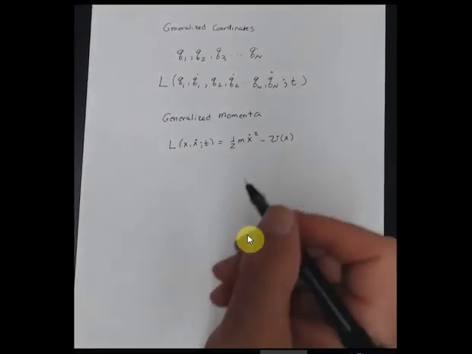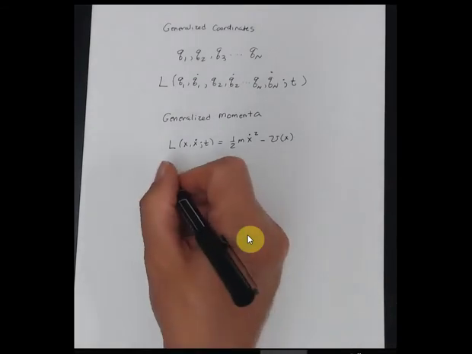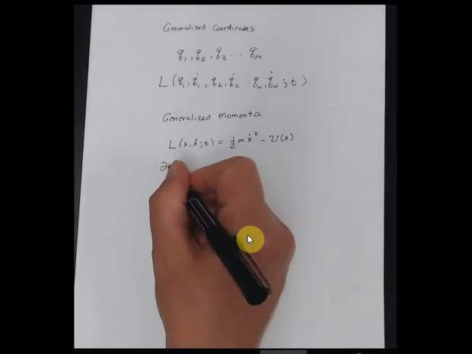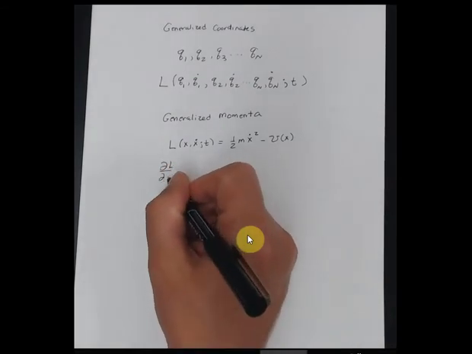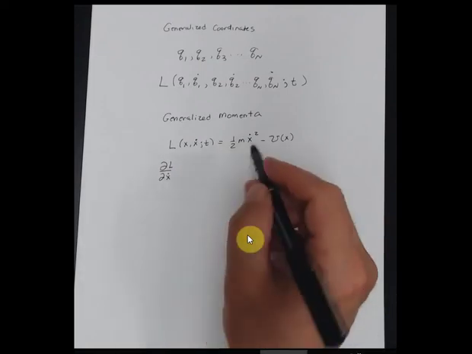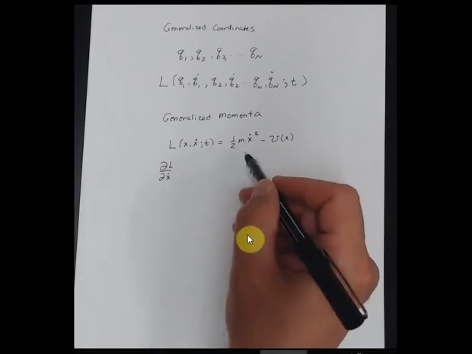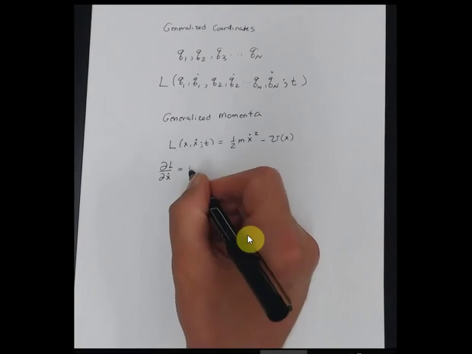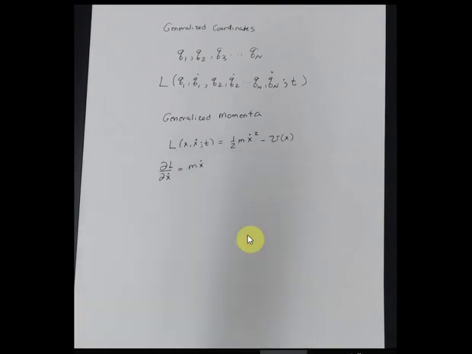Now, notice that if I take the derivative of L with respect to x dot, what do I get? It only acts on this very first term here, and I get what we know as linear momentum.